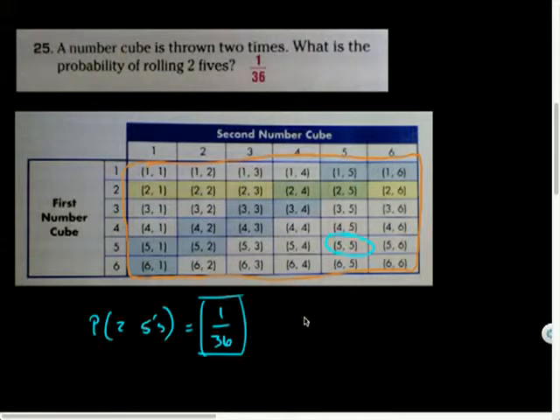Let me ask a follow-up question. What's the probability that the sum is 3? If you check this out, this diagonal has all of the ones that add up to 3. 1 and 2 or 2 and 1, so this would be 2 out of 36, or 1/18.